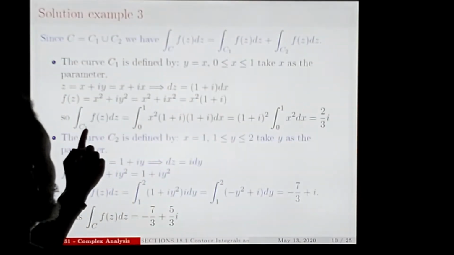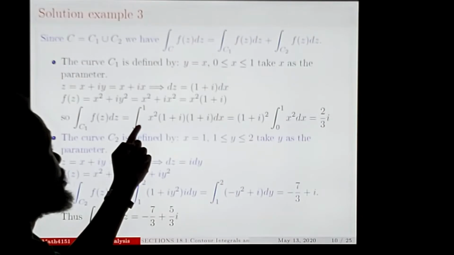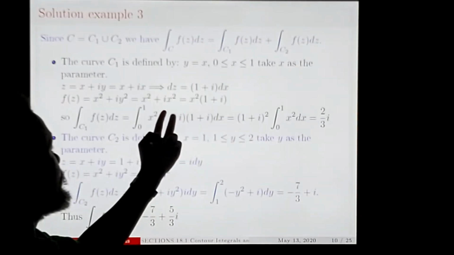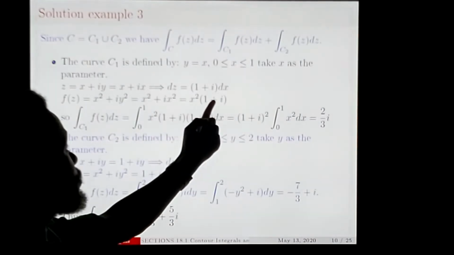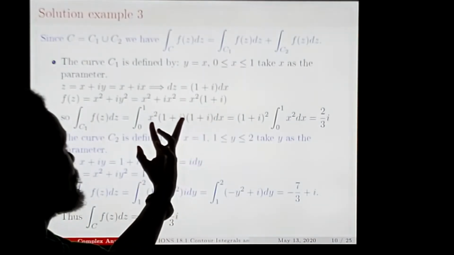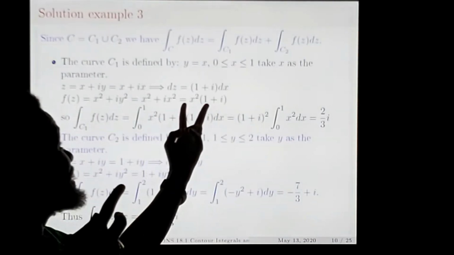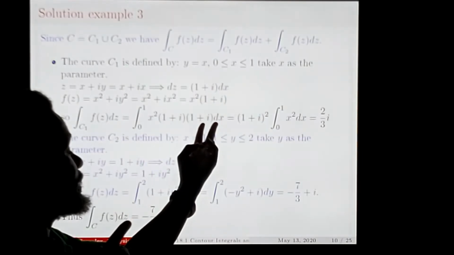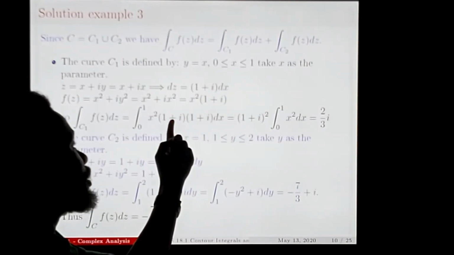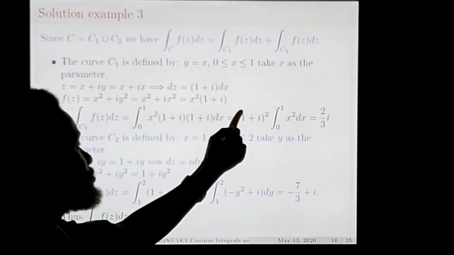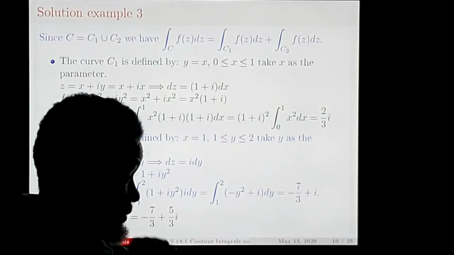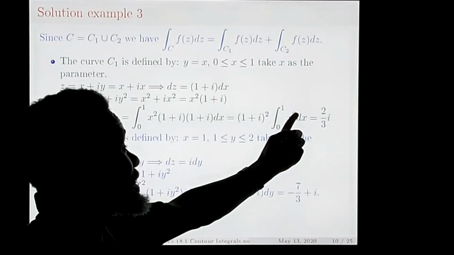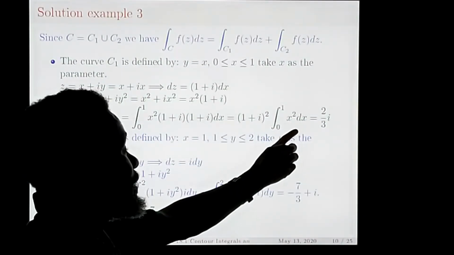This integration over C1 will be from 0 to 1 of f of z, which is x squared times 1 plus i. This is f of z. And dz is 1 plus i dx. You can see these are constants, so we can pull them out. We have 1 plus i squared. Then we are just integrating x squared. If you integrate x squared, you add 1 and it becomes x cubed over 3.